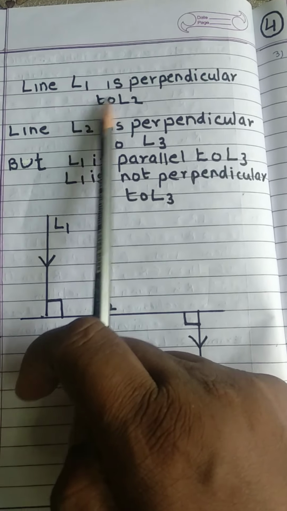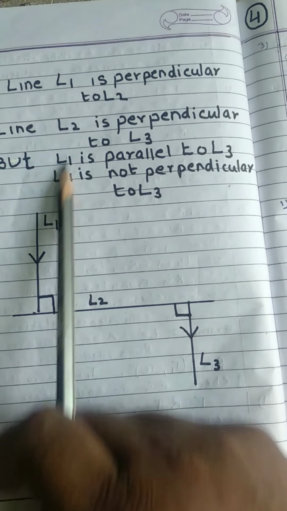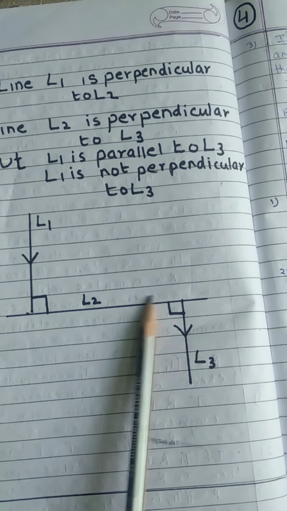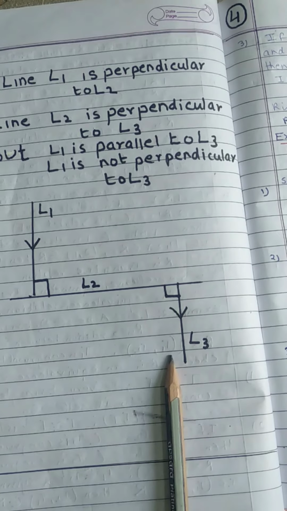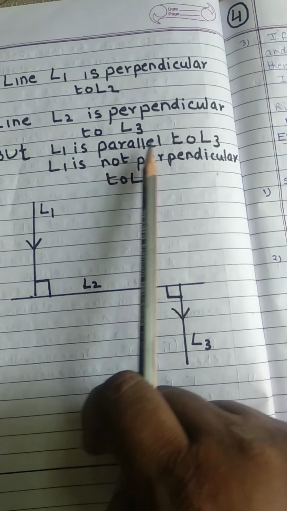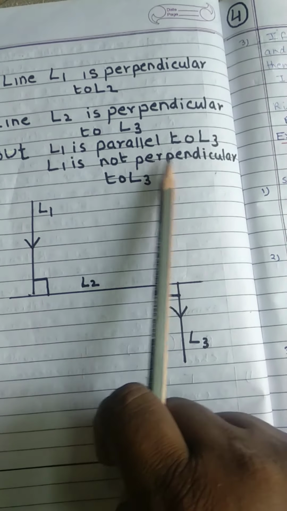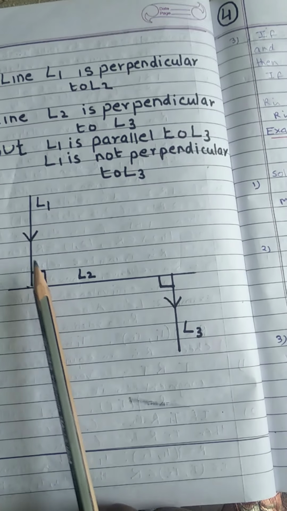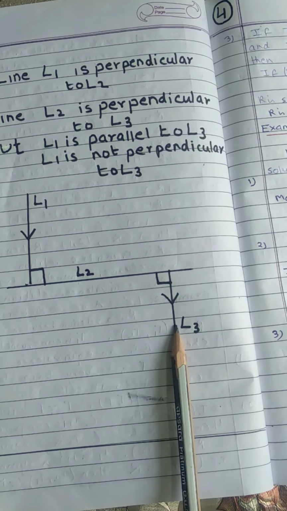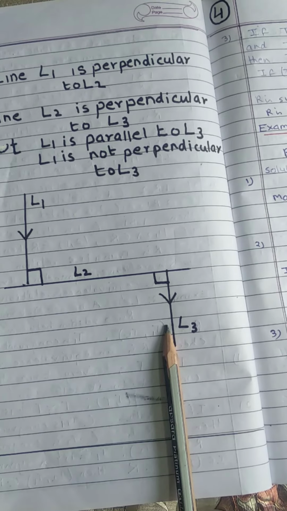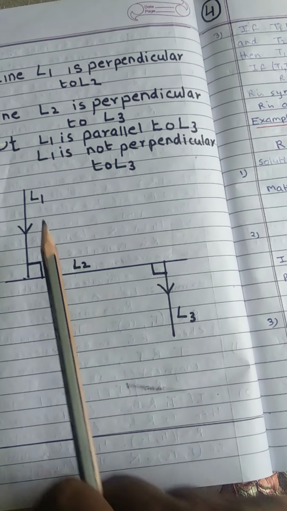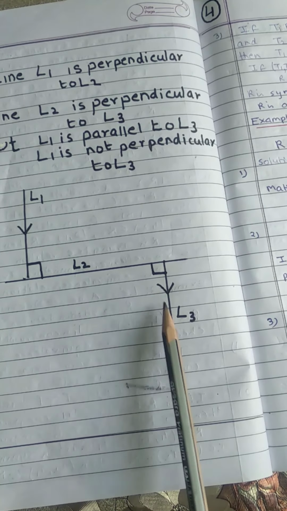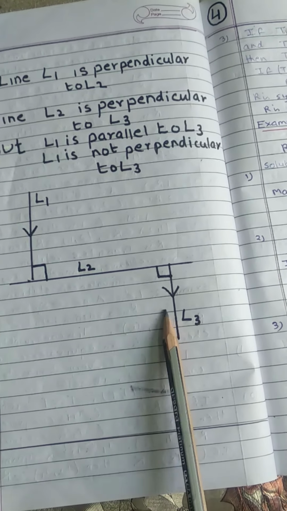You can see line L1 is perpendicular to L2, and L2 is perpendicular to L3. But L1 is parallel to L3, L1 is not perpendicular to L3. L1 and L3 are parallel to each other. So L1 is not related to L3.